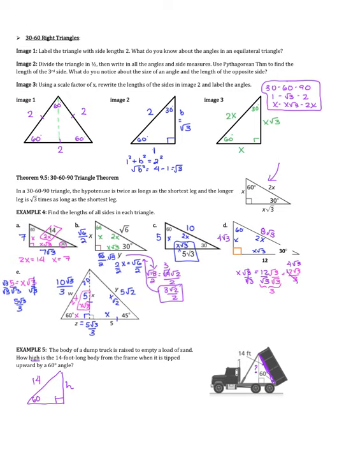If I put my ratios on the inside, so 30 is here, this is x, this is 2x, this is x rad 3. So I know that 2x equals 14, which tells me x is 7. So my height is going to be 7 rad 3 feet. And that would be the answer. All right, I hope that helps.